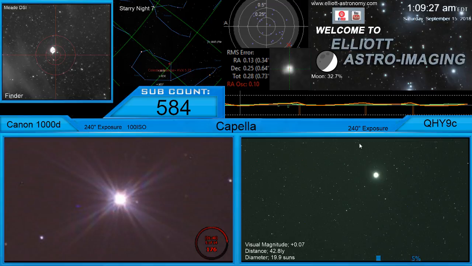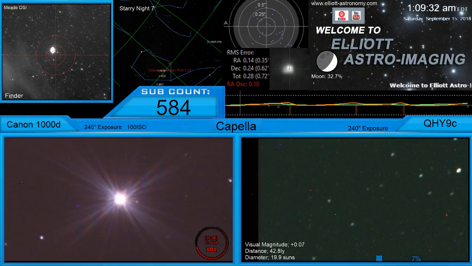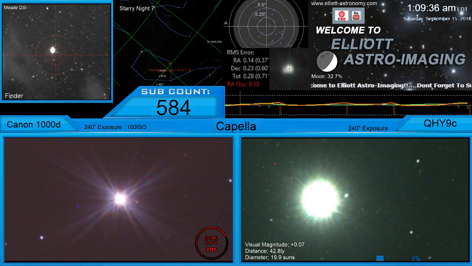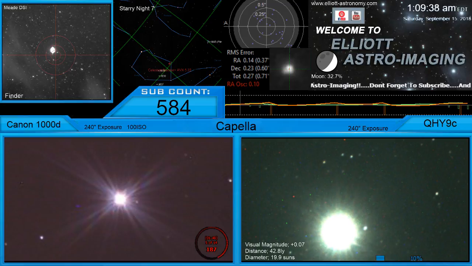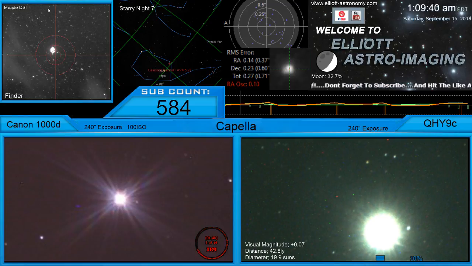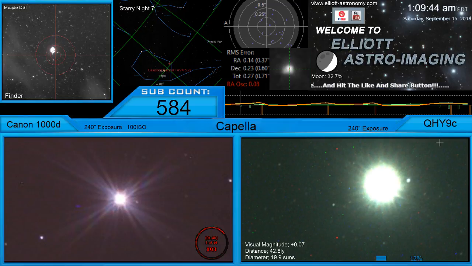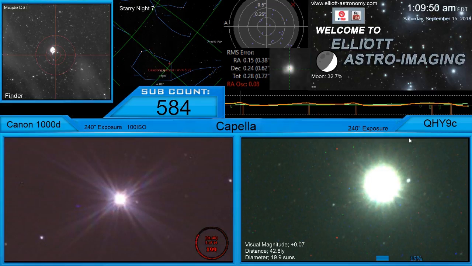It's very, very bright. That sucker's really bright. That almost looks like a sun. Whew! That's bright.